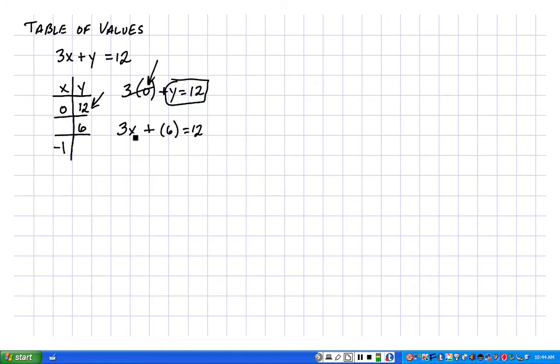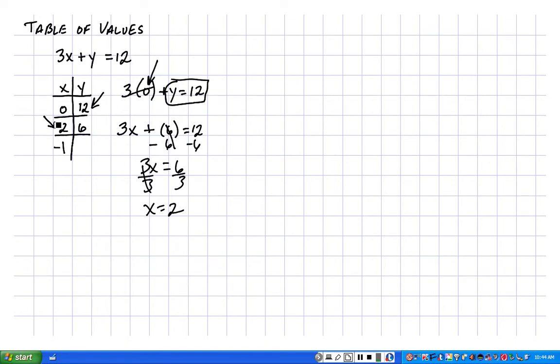And so I'm trying to solve for x, so I subtract 6, my 6's cancel. 3x equals 12 minus 6, which is 6. Get x by itself, divide both sides by 3, 3's cancel. X equals 2. So when y is 6, x is 2.